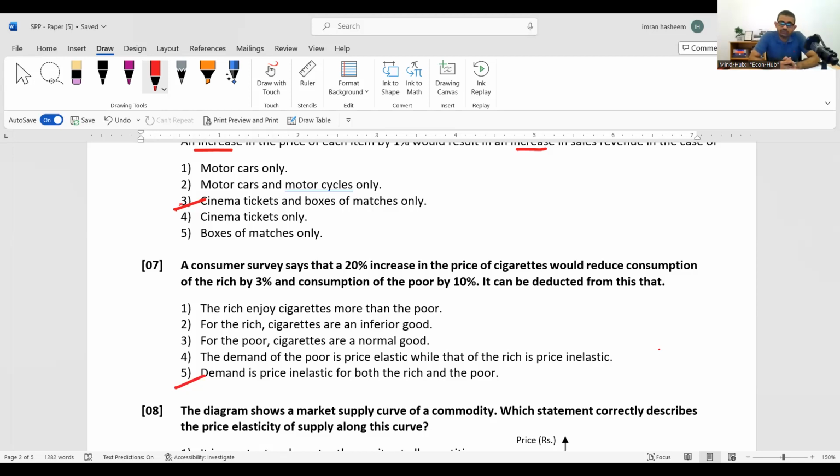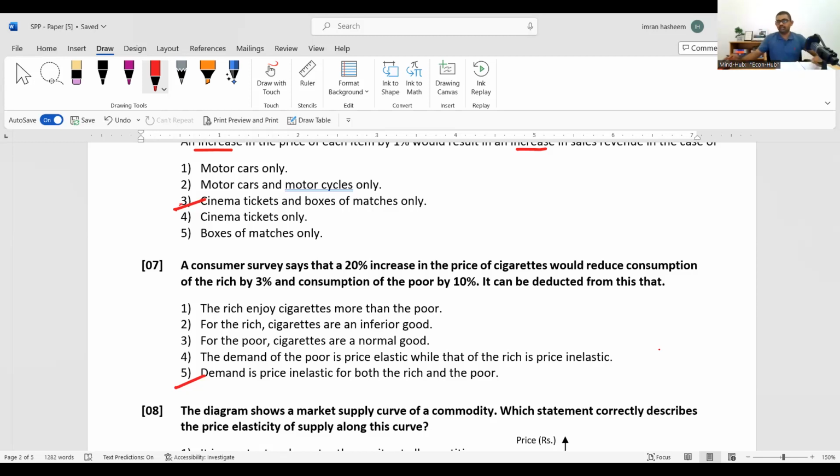If I wanted to, I could have also given another option as the correct answer. If I had said the demand of the rich is relatively inelastic to the poor, you would have to agree, because both are inelastic. Rich and poor both have inelastic demand for cigarettes, but the rich have more inelastic demand than the poor.